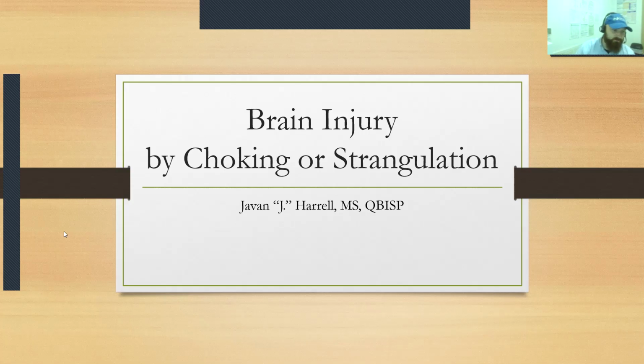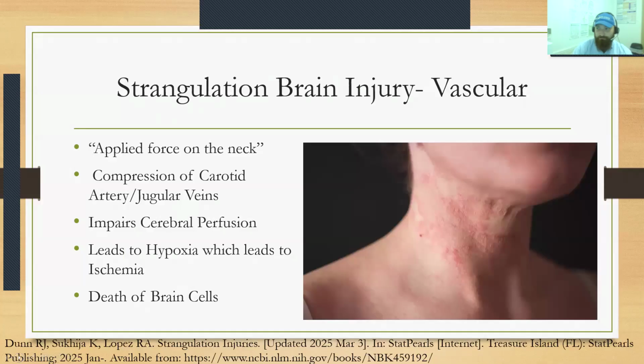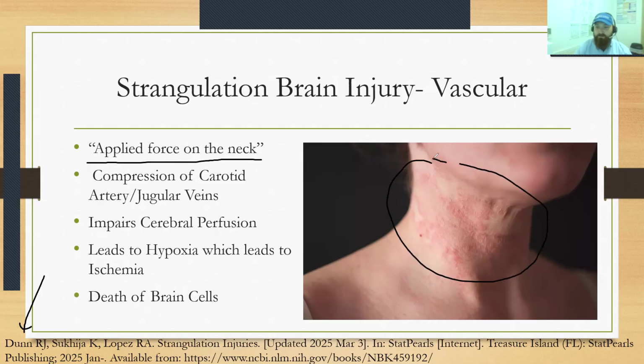So let's start by talking about strangulation. Strangulation, per the definition of the source, which will be in the description, is applied force to the neck. As we can see in this case, there's some scarring right there showing applied force to the neck.